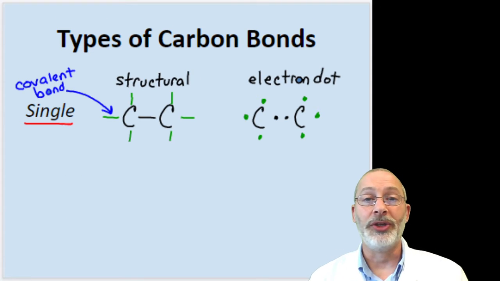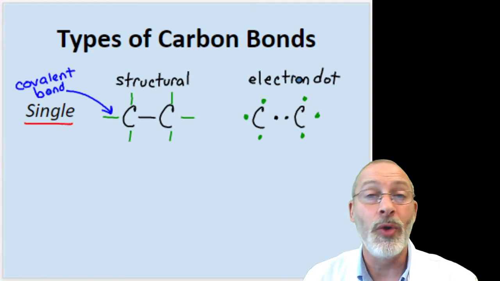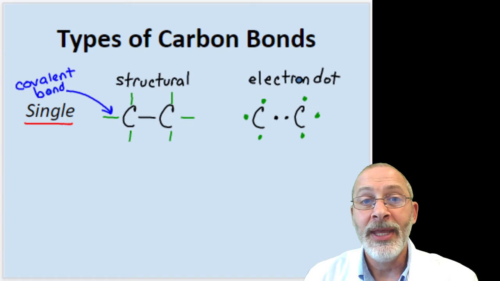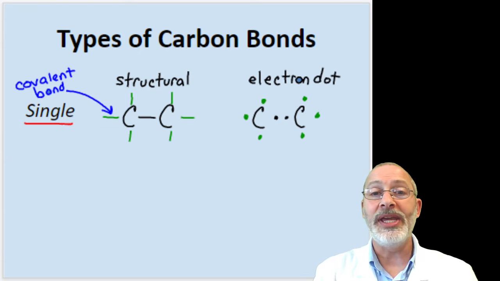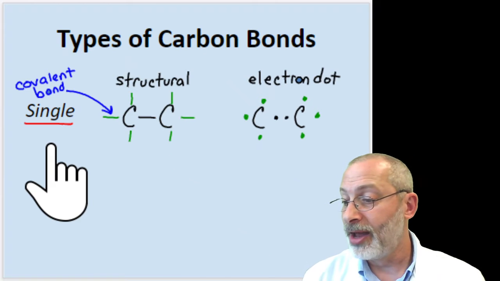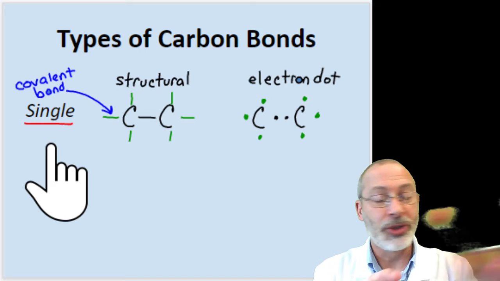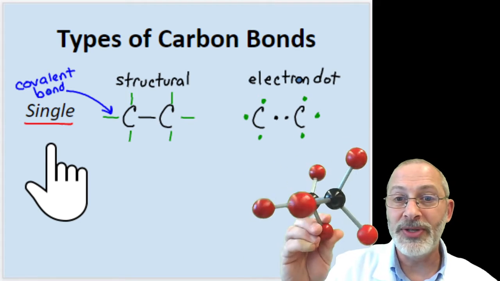There's what's called a structural formula and an electron dot formula or a Lewis dot formula. And this is how we illustrate on paper a single bond. Remember what a single bond looks like? And I'm showing you the different models to represent.